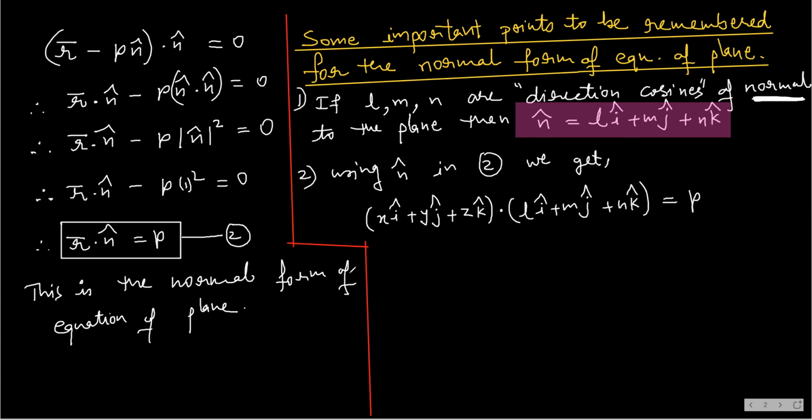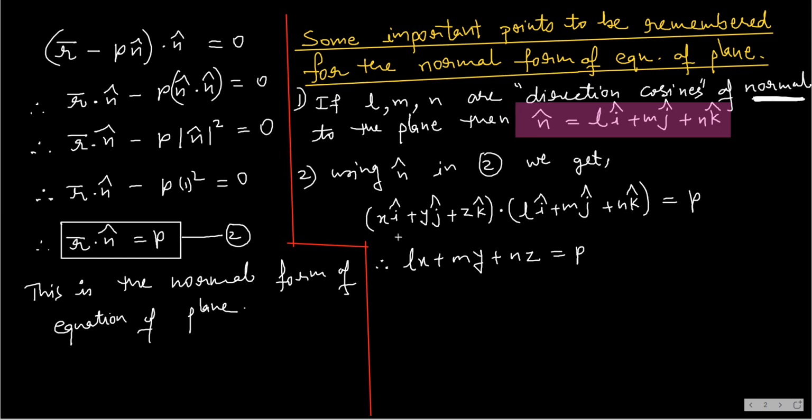So what will this become, students? Therefore, Lx plus My plus Nz equals P.